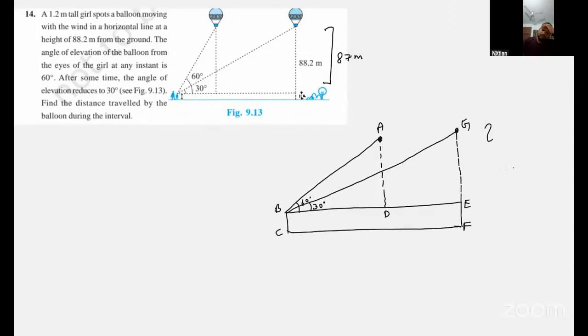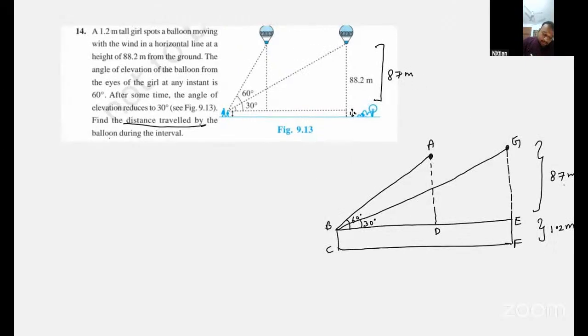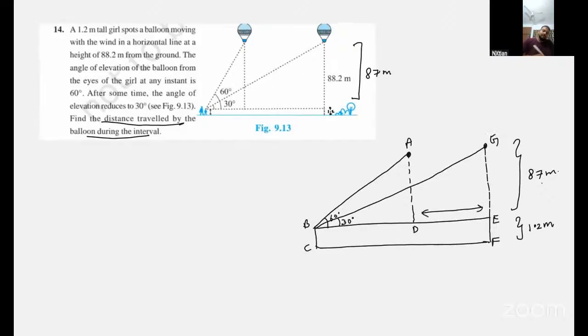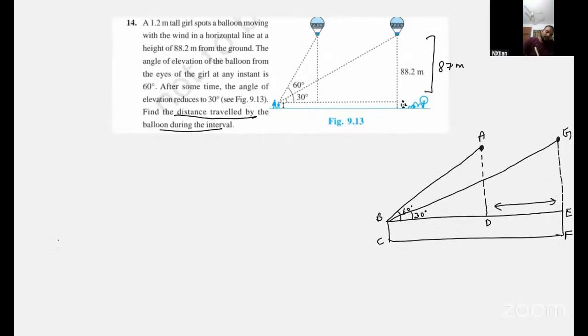This value is 87 meter, and this one is 1.2 meter. We have to find the distance traveled by the balloon during the inflating, like this distance. So we have to find the DE distance. Obviously, which two triangles will we take?